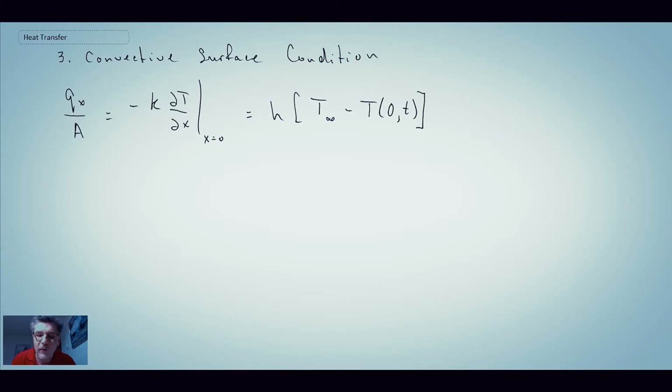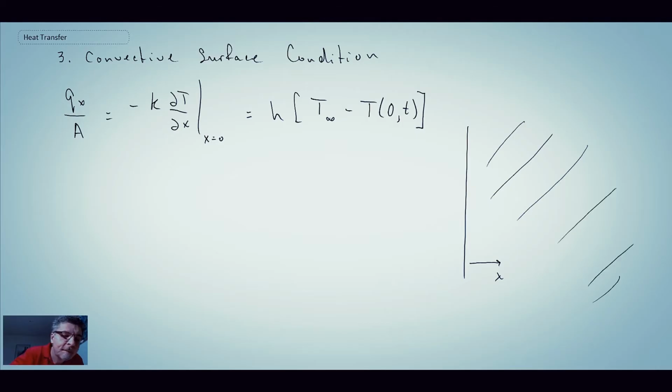And so writing out a schematic of what is going on here, we have our wall, x is going in that direction, and then out here we have some fluid.